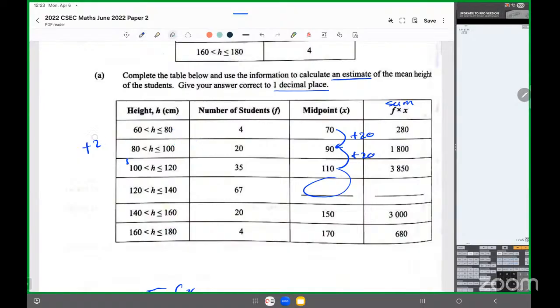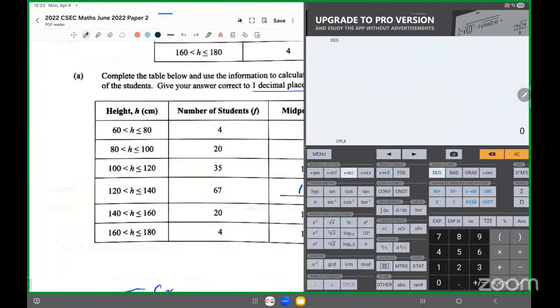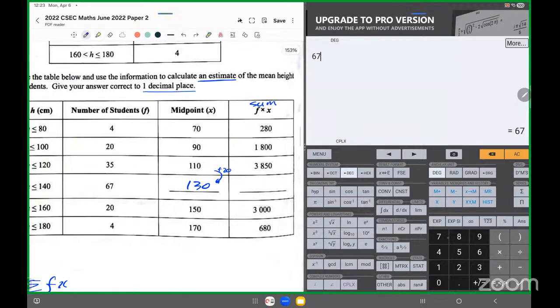Everything is going up by 20. Now when we do this calculation, this times this to get the value here, let's do that in the calculator. So it becomes 67 times 130.